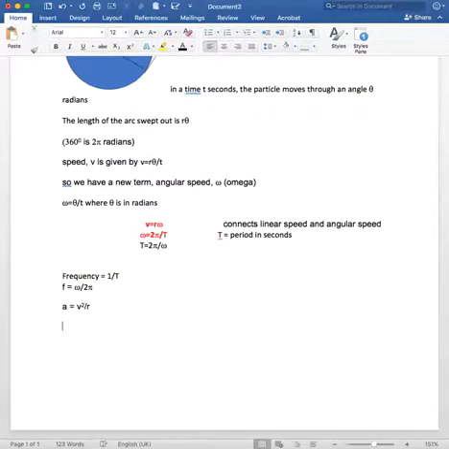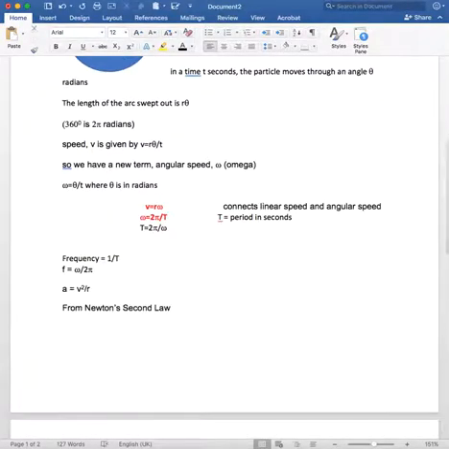Now, from Newton's second law then, we have F equals ma. So we have F equals mv squared over r. And of course, from our expression v equals r omega, we can rewrite that to be F equals mr omega squared.